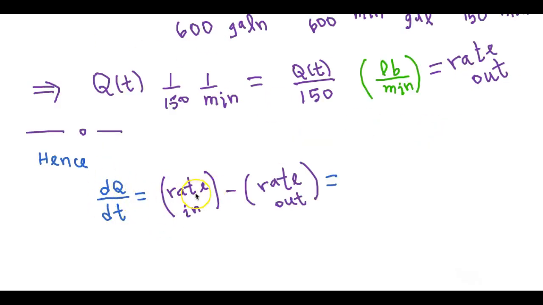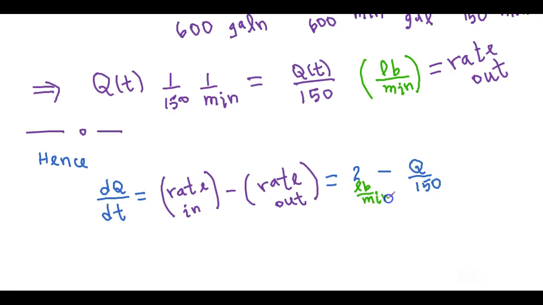So the rate of change of Q is rate in minus rate out, which means that this looks like 2 minus Q over 150. The units are, I'm going to write them here just below, pounds per minute.